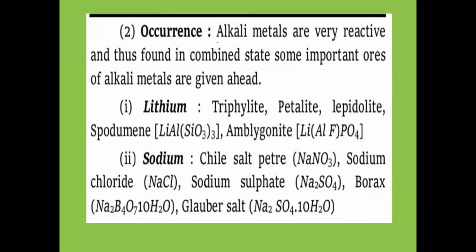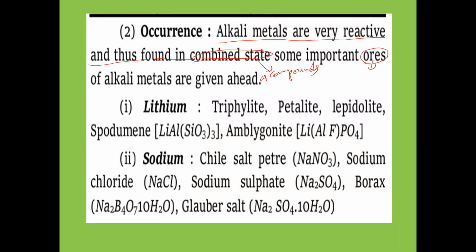Then occurrence. So alkali metals are very reactive. They are highly reactive and thus found in combined state. Combined state means in the form of compounds. They react with any element which is available and form compounds. And some important ores.